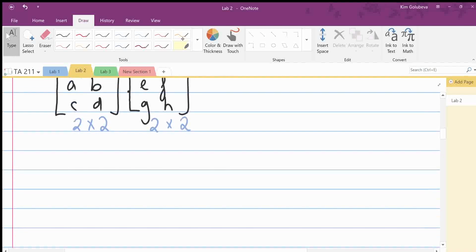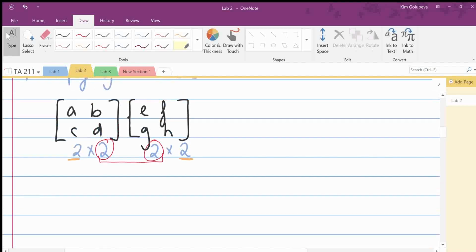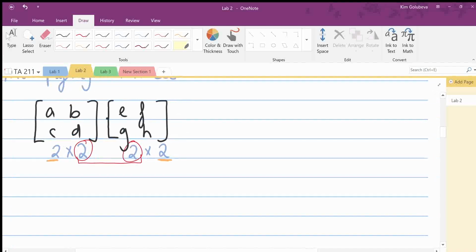The rule is that these outside dimensions can be any number. They don't matter. But these inner numbers have to be the same. It's a 2 and a 2, so in this case we can multiply these matrices together.